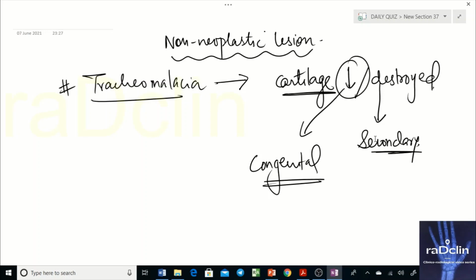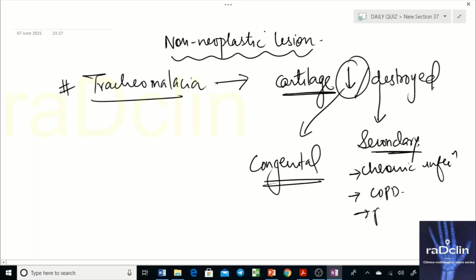Any chronic inflammatory disorder can lead to this. For example, any chronic infection, COPD, polychondritis. Wherever you can see cartilage destroyed.